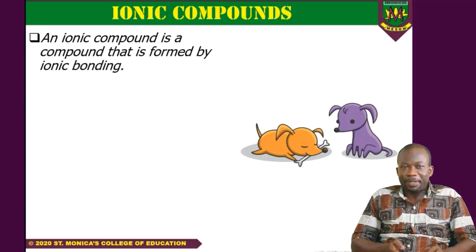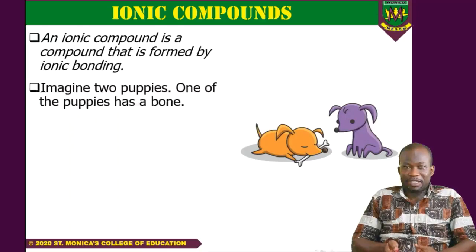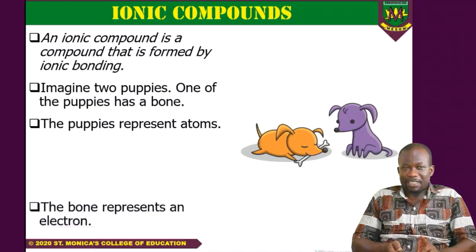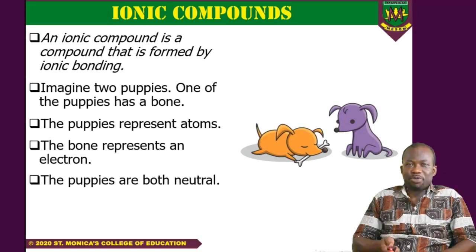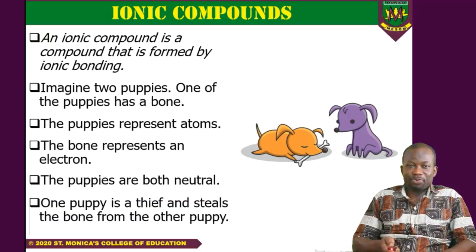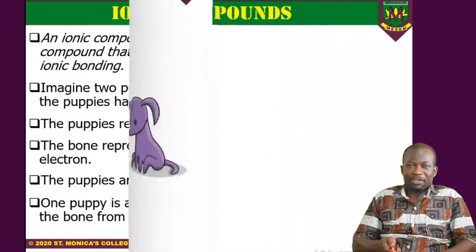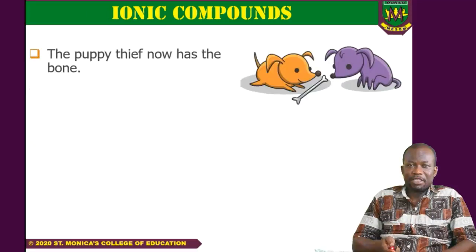Then the poppy that does not have the bone, now it's been taken from this, that's lost its electron and it's now positively charged, will then follow the poppy which has a negative charge, which is this one, because it has gained the electron. And this one has lost it, so it has become positively charged. So realize that this one will follow this one.